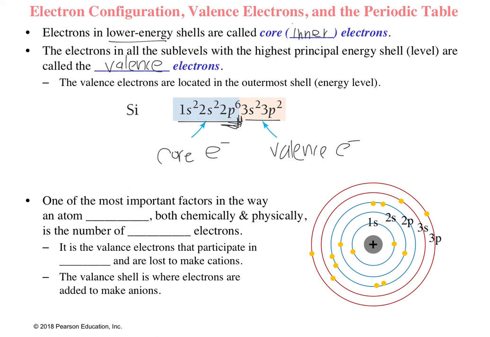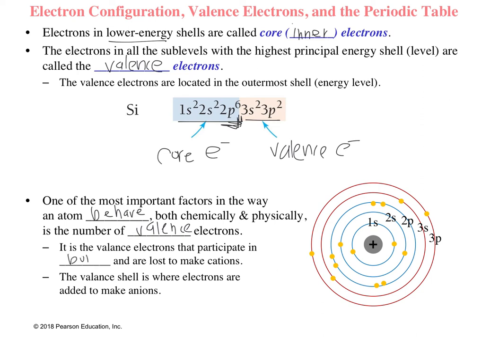And so our valence electrons are actually the biggest indicator of how an atom is going to behave chemically and physically. So we will be thinking about how many valence electrons elements have to figure out how they are going to turn into ions and how they are going to react and form bonds.